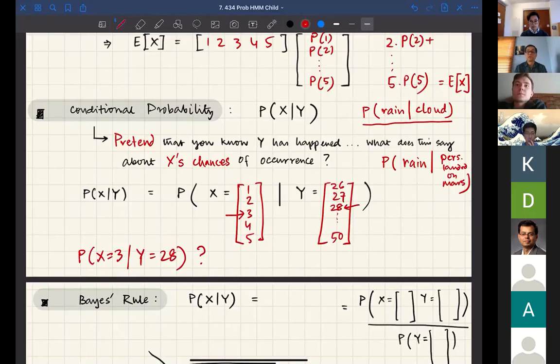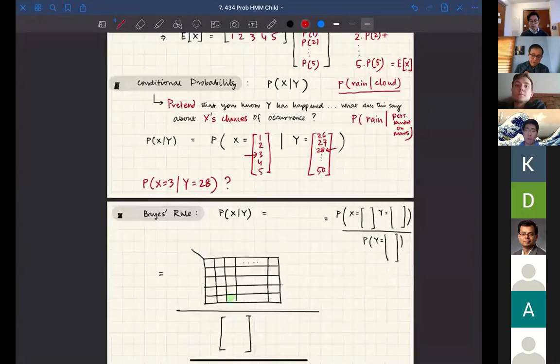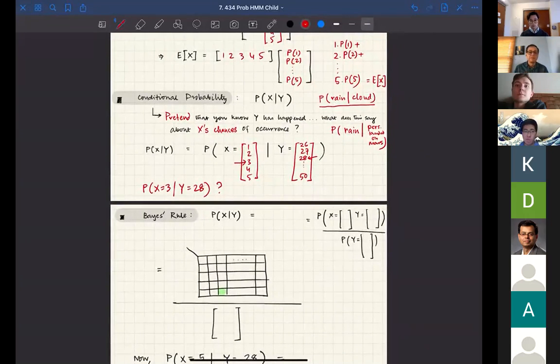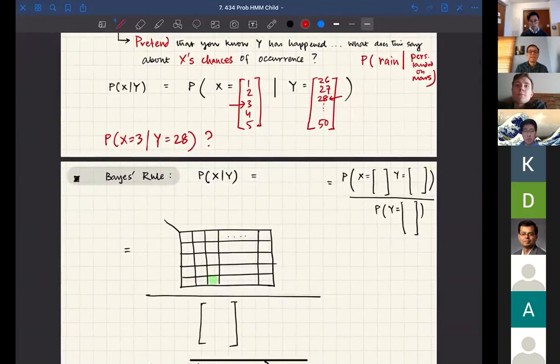I don't know how to calculate that yet because I need to understand the relationship between X and Y. I need to quantify that. I need to get some information about that. So before we solve this problem, let's quickly look at Bayes' rule, because Bayes' rule will give us the tool to solve that problem.